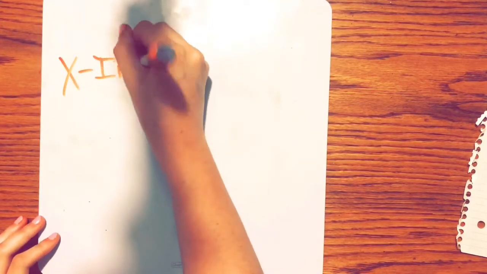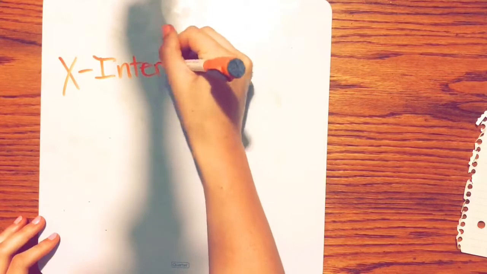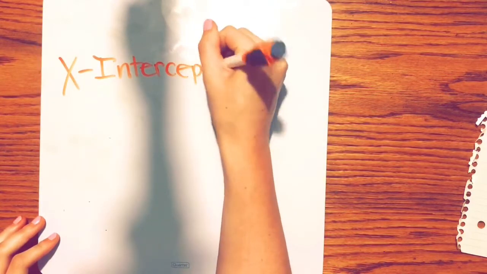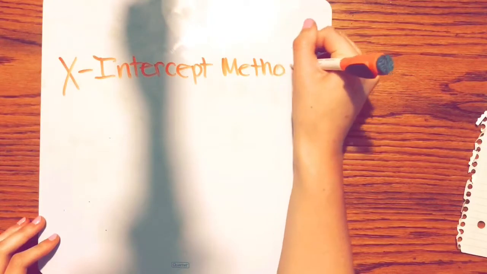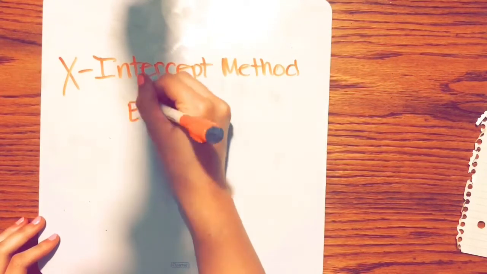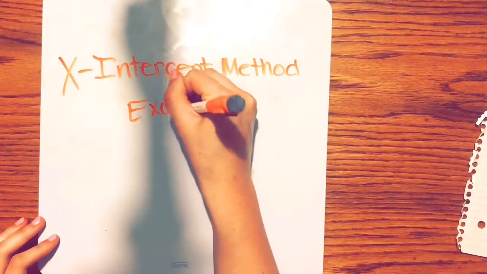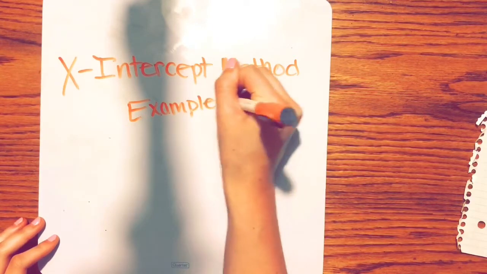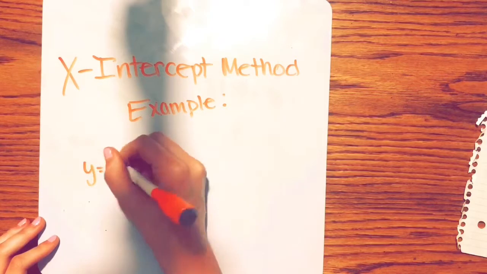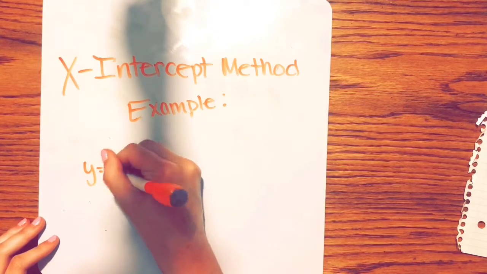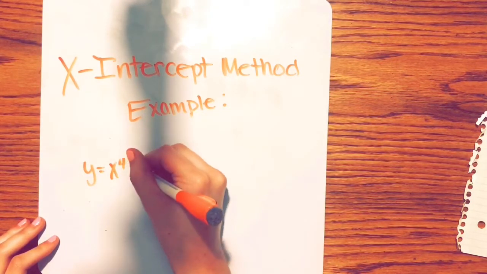Now we will begin the x-intercept method. The equation we will be using for this example is y equals x to the fourth minus 2x squared minus 3x minus 2.